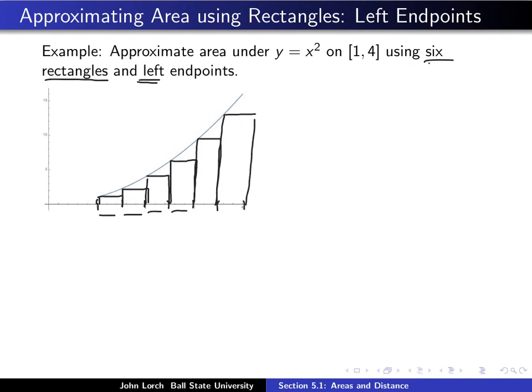And so there we have these 6 rectangles. Now what we want to do to find the estimate of the area under y equals x squared is to add up the areas of all of those rectangles. So we'll denote that by L sub 6, where the capital L stands for left, as in left endpoint, and the 6 is the number of rectangles that we used.